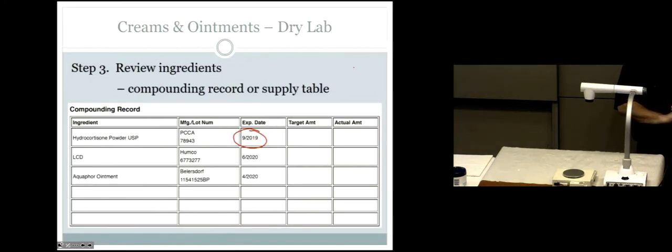That is the shortest expiration date, but is that past the longest amount we can assign per USP 795? Remember what we said last week? It's going to be 14 days. Oh, wait a minute, but that was for suspensions. I'm just trying to make sure you remember, right? With suspensions, it was 14 days refrigerated. What is it for a topical cream or ointment? 1 month. 30 days, 1 month. Absolutely.